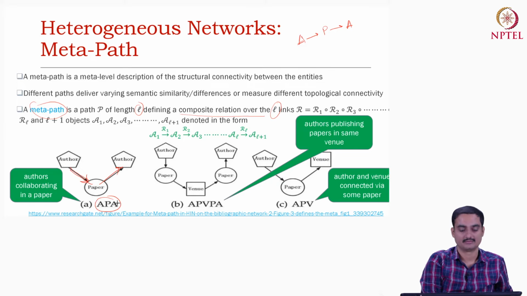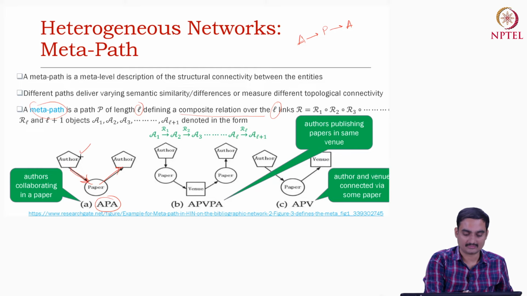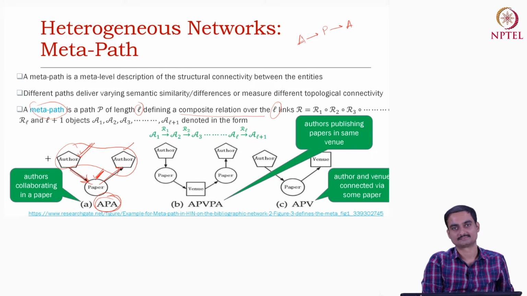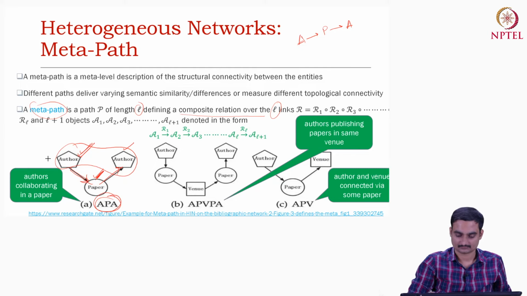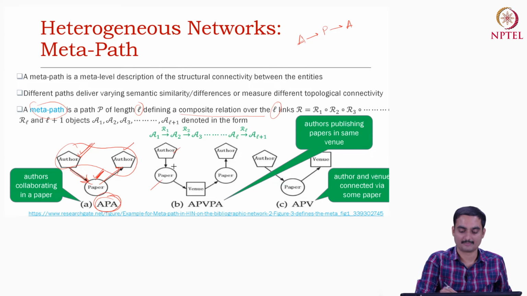What does it mean? This author has written this paper, and this author has also written this paper. So, this APA relation indicates the co-authorship relation between these two authors. Let us say there is another metapath, author to paper to venue to paper to author.